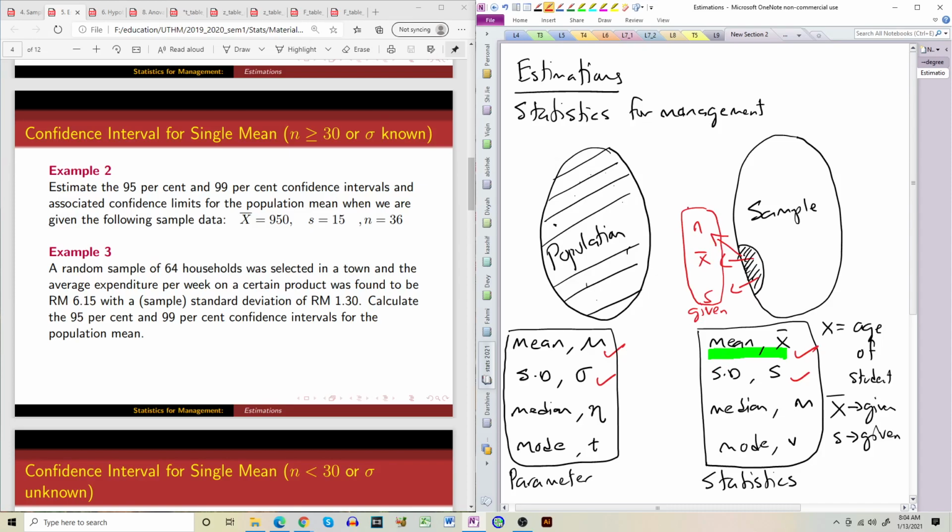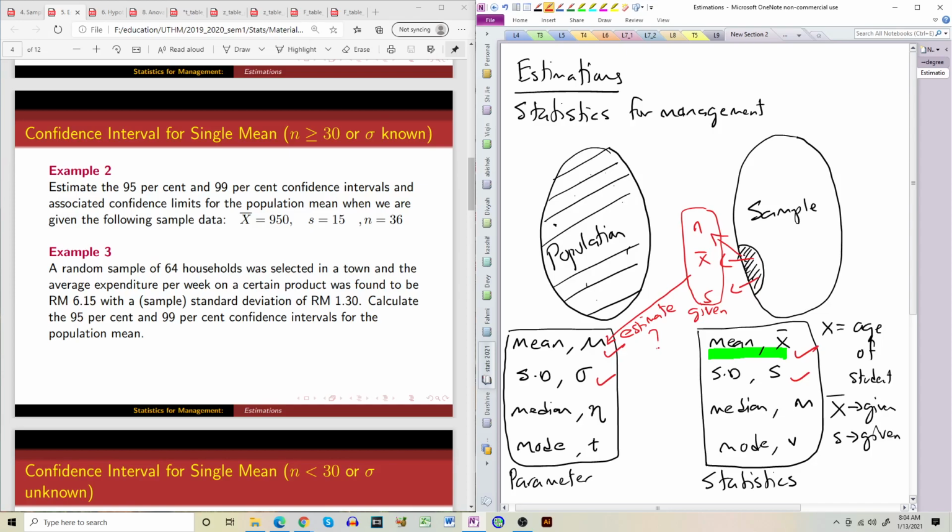Can you estimate the mean of the population? This is the question.